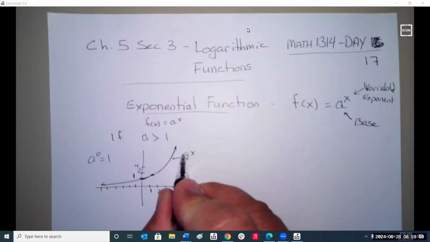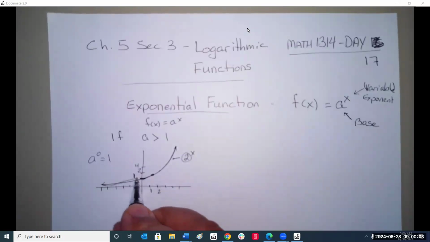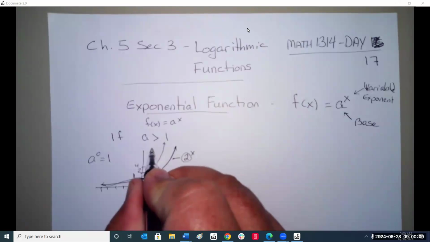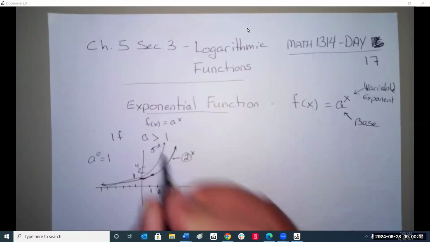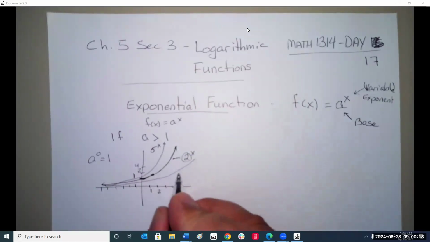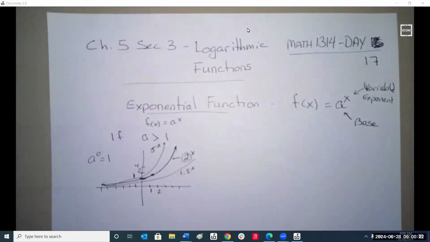So the larger a becomes, the faster it grows. This is something like 5 to the power x. And the smaller it goes, let's say it's just 1.5 to the power x.